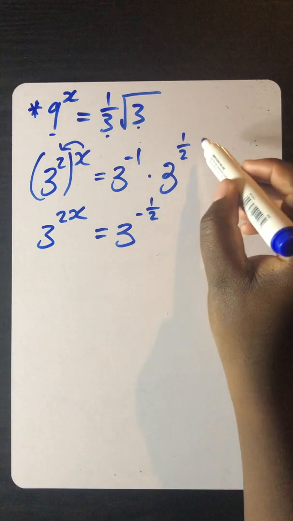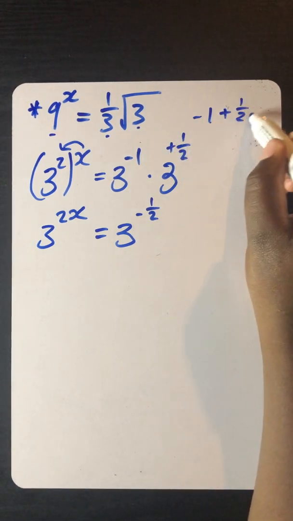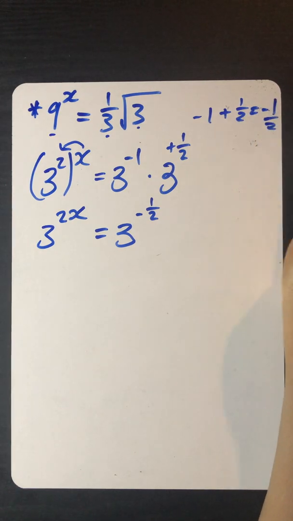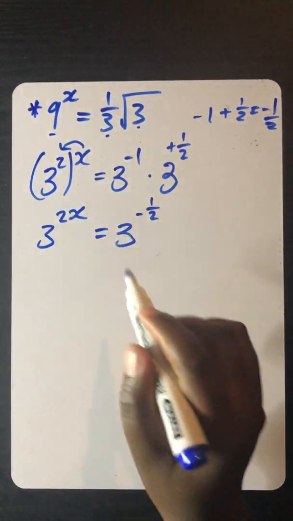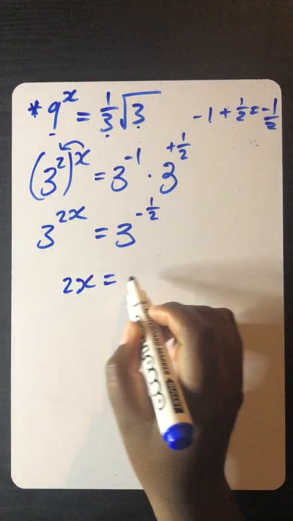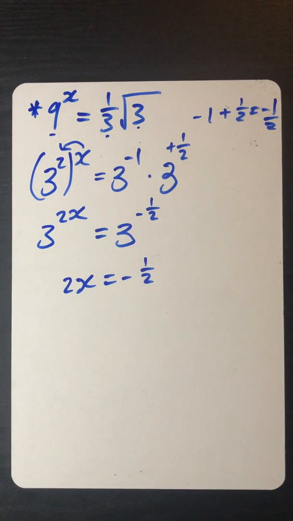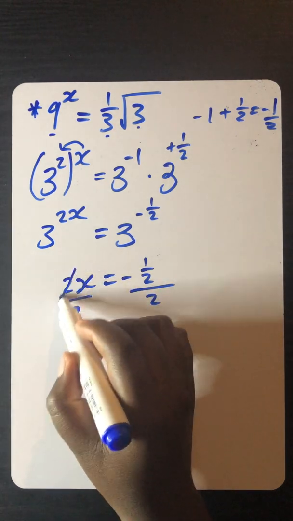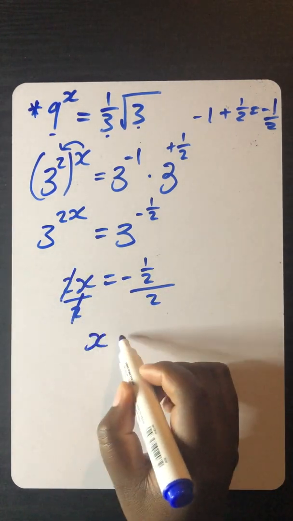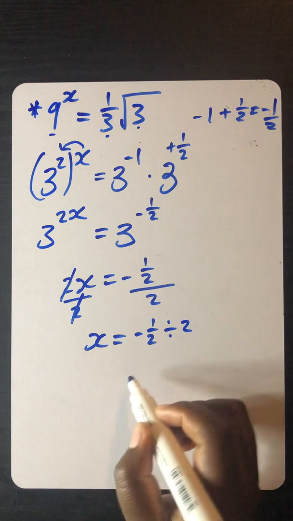So to be safe, punch -1 plus, which is that plus half, and tell me what you get. It should be -1 over 2. Now because the bases are the same, it means the exponents are equal, or you can equate the exponents. I think you've got something similar to that, ladies and gentlemen. Obviously you can just divide by 2 on both sides so that those 2s cancel, and you remain with x equals -half divided by 2.